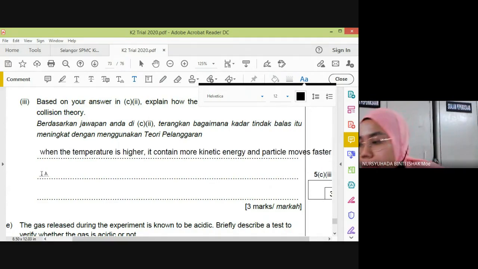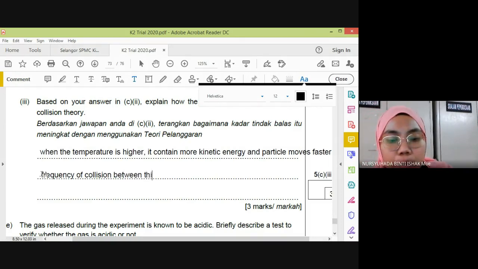Point yang kedua, bila dia move faster, frequency of collision between thiosulfate ion and hydrogen ion higher.